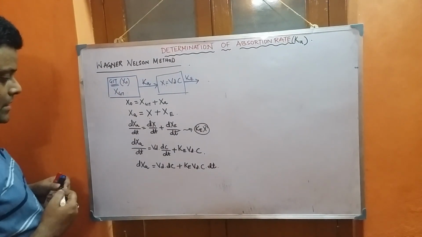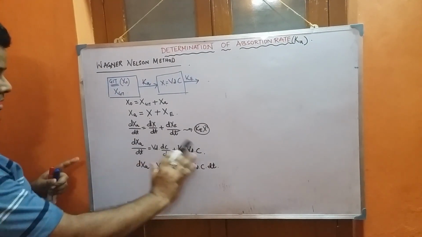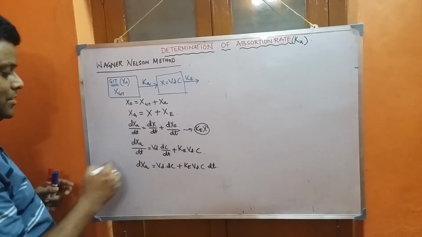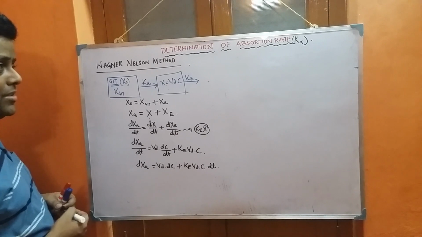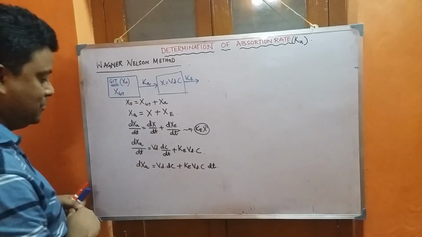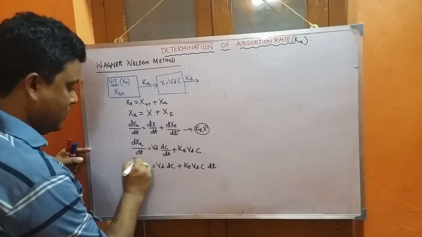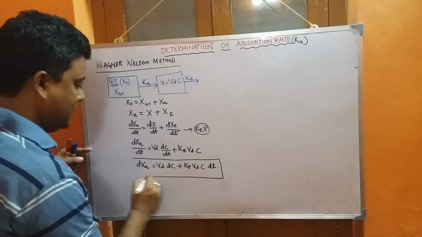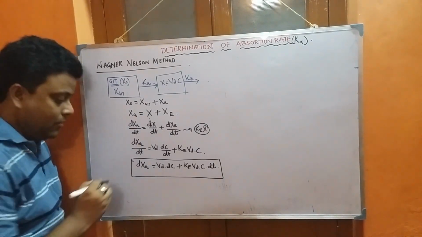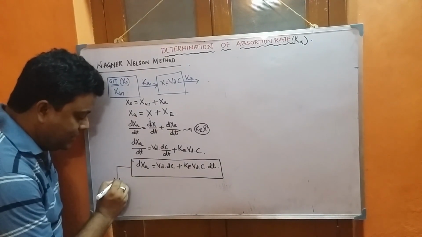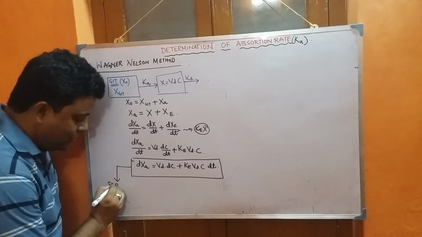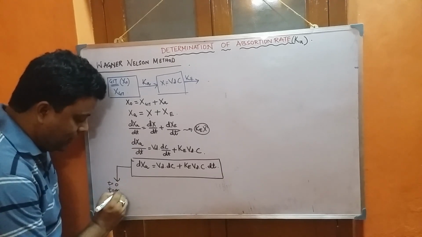Okay. Now this is an important equation which has to be considered for our calculation purpose. We will do two things. Once we will integrate it within the limits of t equals 0 to t equals infinity.